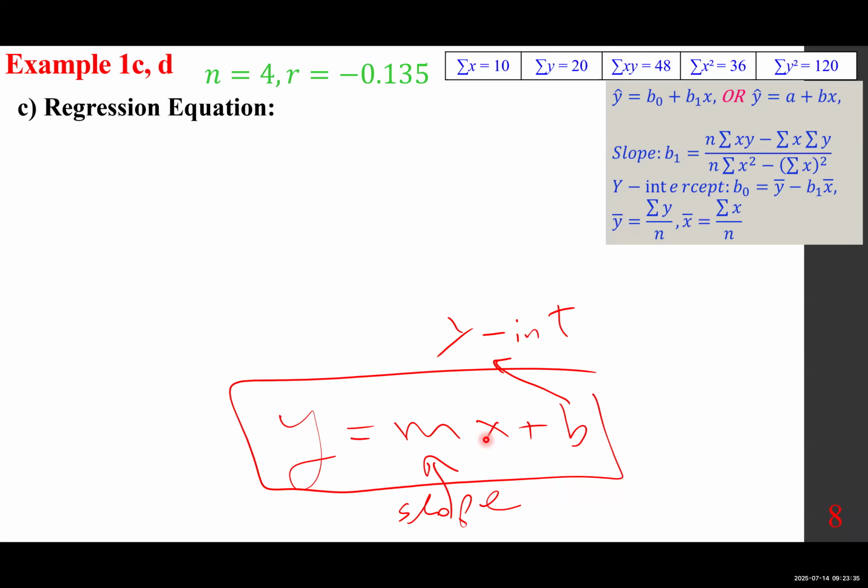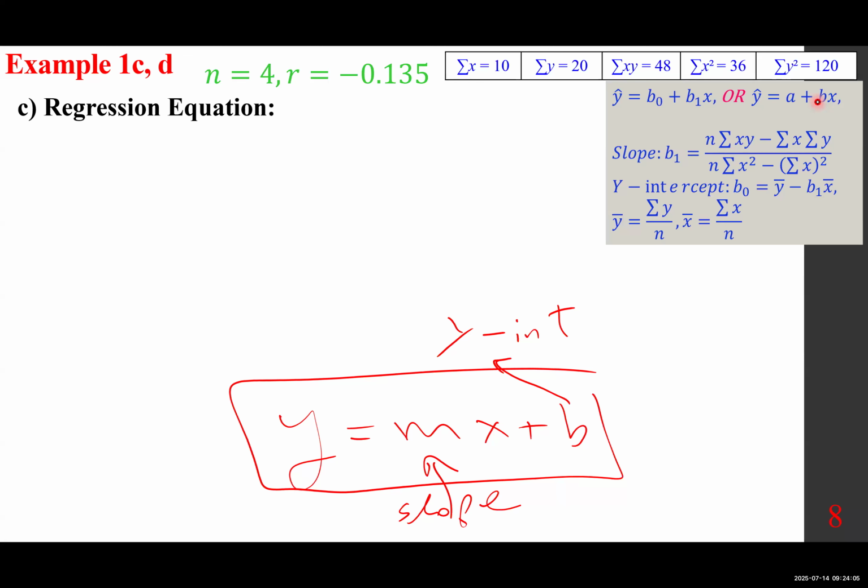And so in this case, a, in this case, b sub 0 is the y-intercept. In this case, b, in this case, b1, depending on how you write it, is the slope, okay? And so the technology, at least a TI calculator, uses a plus bx, okay? So I want you to know that, okay? And so the way they have it, this is the y-intercept, a, and b is the slope.